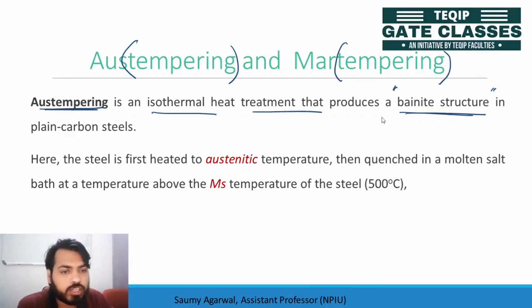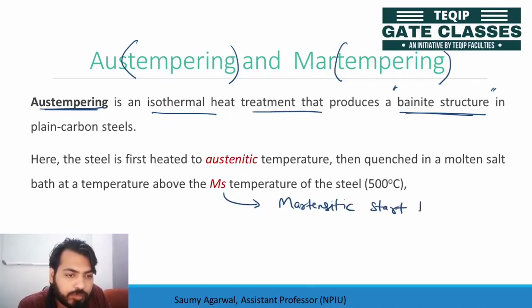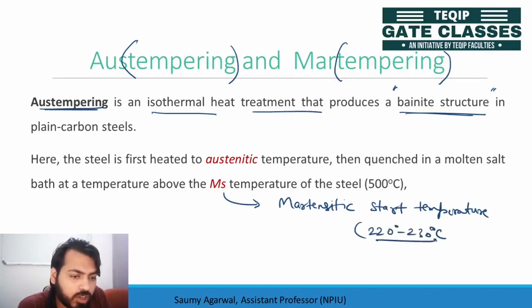Then you have to quench it in a molten salt bath at a temperature above the MS temperature of the steel. MS temperature means the martensitic start temperature, which is approximately 220 to 230 degrees Celsius for a eutectoid steel composition.